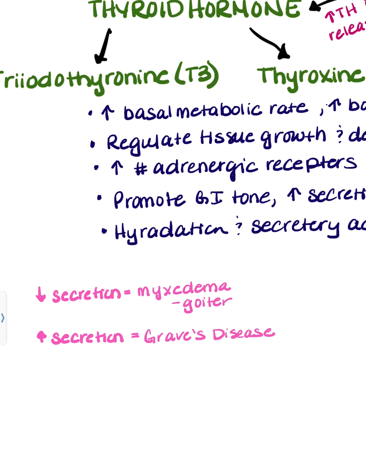So they basically can mimic it, and they're going to come in and cause the thyroid hormone to be released continuously, so that we get hypersecretion of the hormone itself. So why do these look familiar to you? Because I wrote these down for hypo and hypersecretion of the thyroid stimulating hormone. So the effects of either one of these has the same outcome, basically.